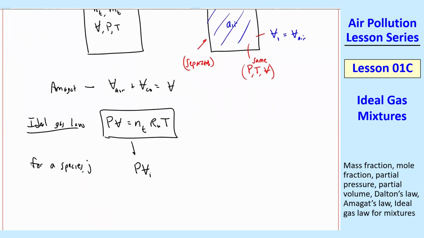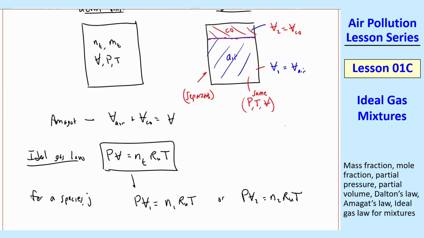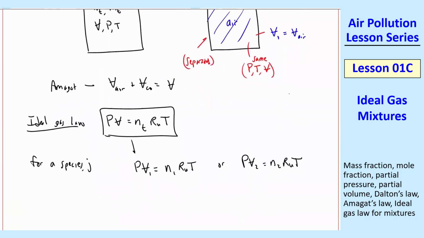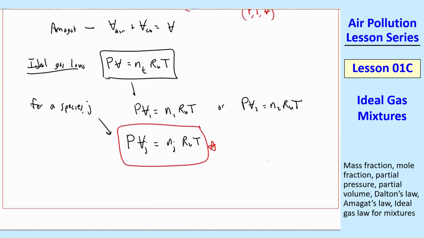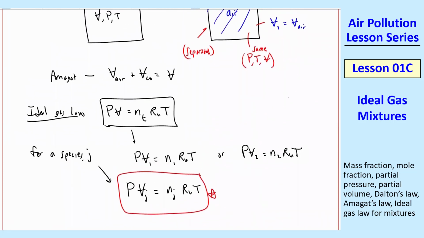P V1 equals N1 R_u T, or P V2 equals N2 R_u T, where 1 is the air and 2 is the carbon monoxide. In general, for species J, we can write P V_J equals N_J R_u T. So this is the ideal gas law in terms of partial volumes. Remember, N_J is the number of moles of species J. We have the same looking ideal gas law, except it's in terms of just one of these species.